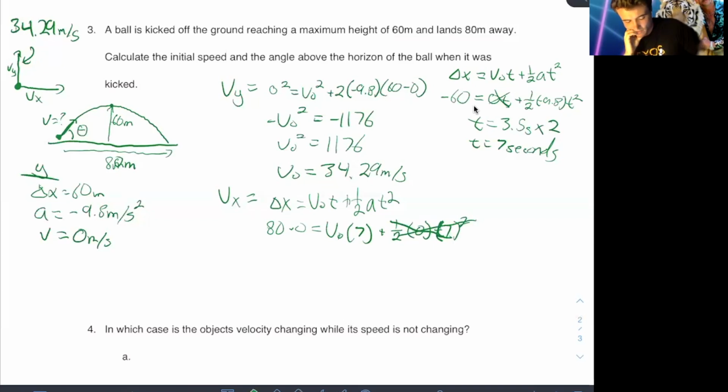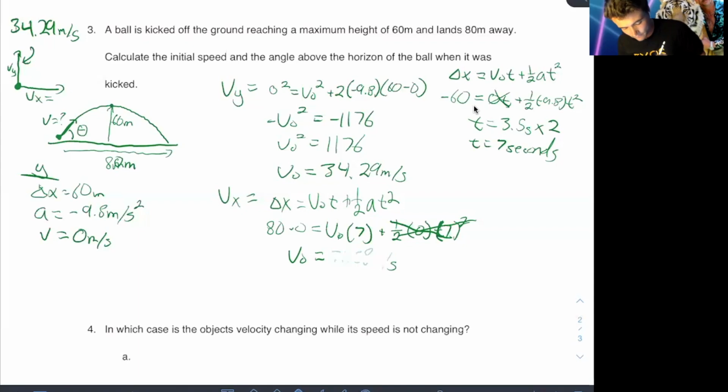Then when we solve it out, you divide by 7, we get 71.58 meters per second. Okay, so now we have our velocity in x, which is what? It's not 71. No, I skipped ahead.